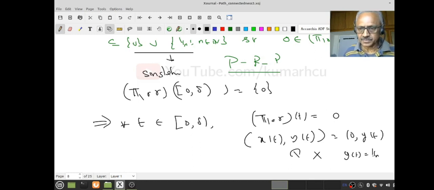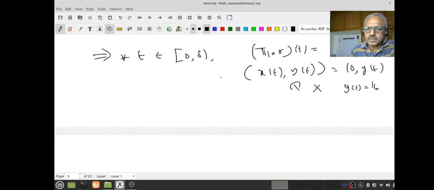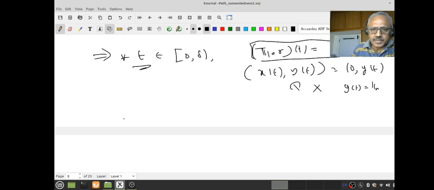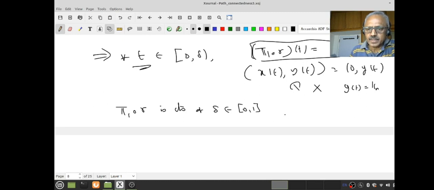That's not important. Okay, are you following? So this is the crucial thing. For every t here, this is 0. But remember, π₁ composite γ is continuous, right? And δ belongs to [0, 1]. Therefore it's continuous at δ.